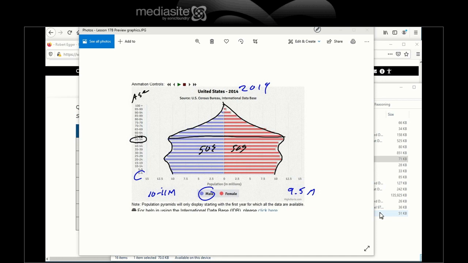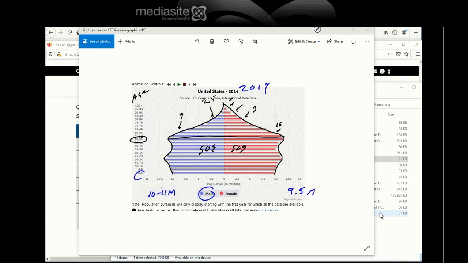Then as we get older, here we have probably about 9, almost 10. Up here, we're down to 2.5, about 3. Ooh, big disparity here, and here, and here.